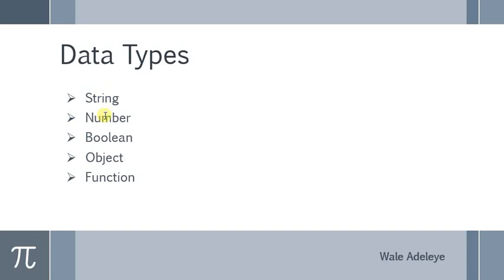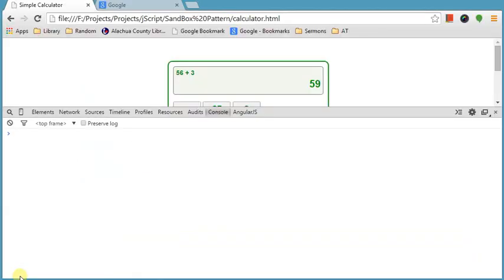Let's quickly go to Chrome just to see examples of how to work with these data types and how you can even tell what data type you're working with. So here we are in the Chrome Developer Tools. You can declare a variable, say var myName, and I assign a value to myName, say Wally, that's my name. If I call myName, it gives me the value in it, a string, which is Wally.